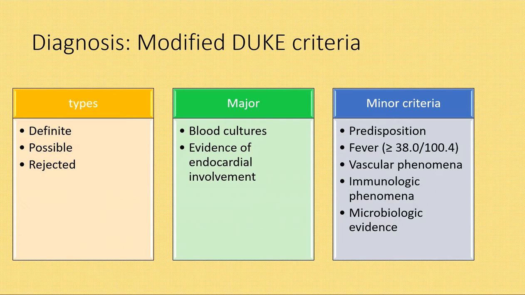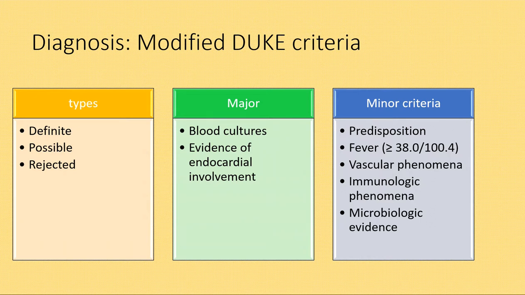Also, a major criterion is when there is evidence of endocardial involvement, such as when we do an echocardiogram and we find vegetations or any kind of abscess there, or when the patient has a prosthetic valve and that prosthetic valve has any kind of defect or any kind of rupture, we're going to suspect infective endocarditis.